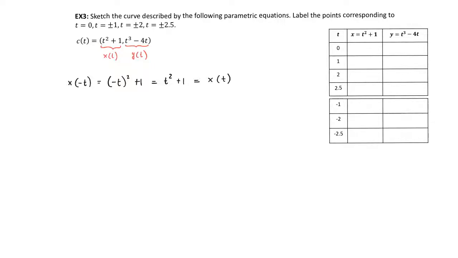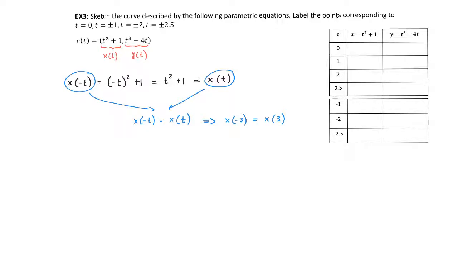So I notice over here that x of negative t is equal to x of t. How interesting. So practically this is saying that if t is equal to 3, for instance, x of negative 3 will be identical to x of 3. So the x values with t and negative t do not change.